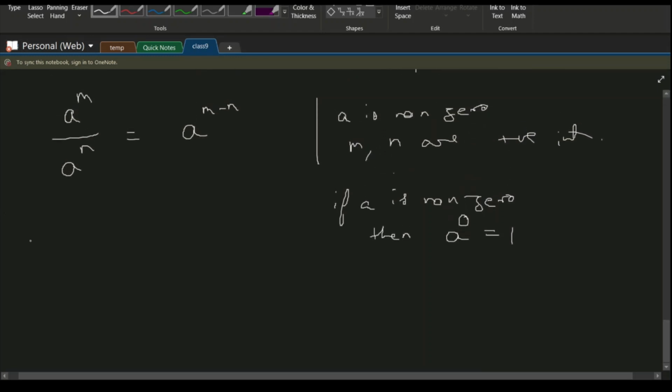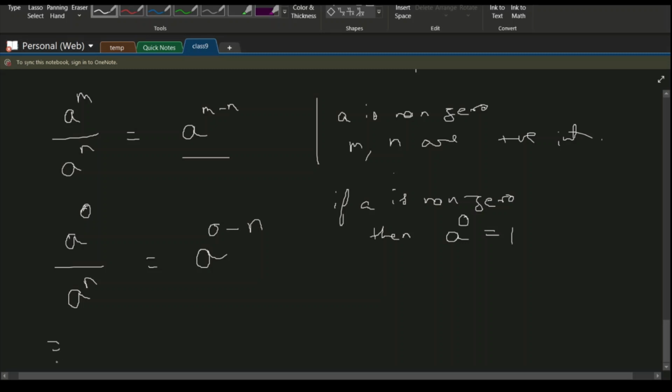So from here what we can say is, if we put 0 in place of m, and here we'll say n, this side will become a to the power 0 minus n. So what I'm doing is just putting a 0 in place of m.